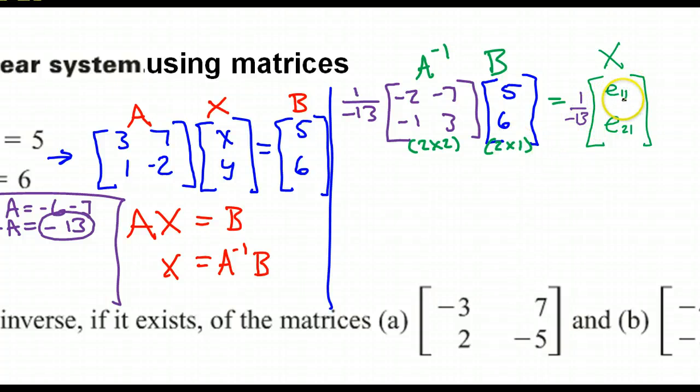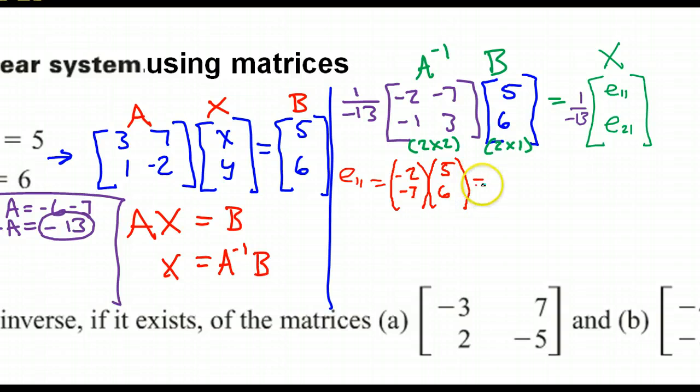Element 1,1, here we go. Sure, I feel like changing colors. Element 1,1 is row 1 times column 1. Row 1 is my negative 2 and negative 7. Column 1 is the 5 and the 6.